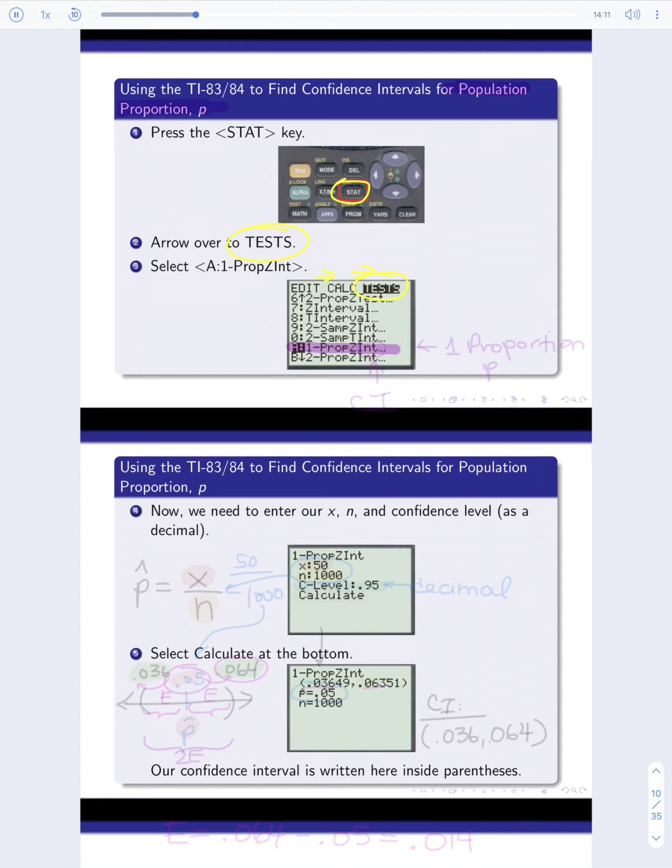And I know that looks wordy, but the 1 means that we've got one proportion, P, which is all we're going to be looking at here, at least to begin with. So we'll look at 1 proportion P.